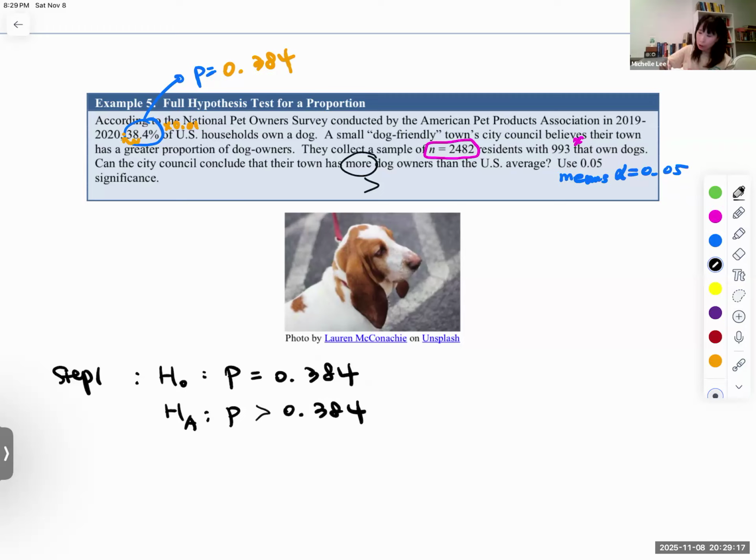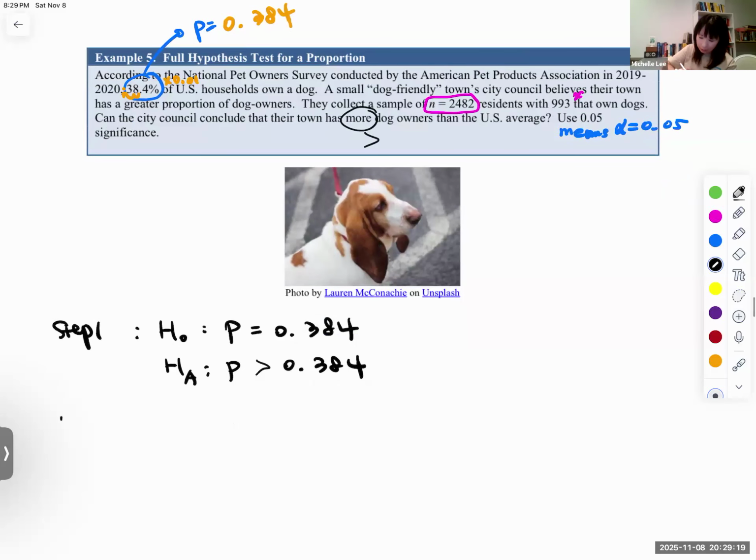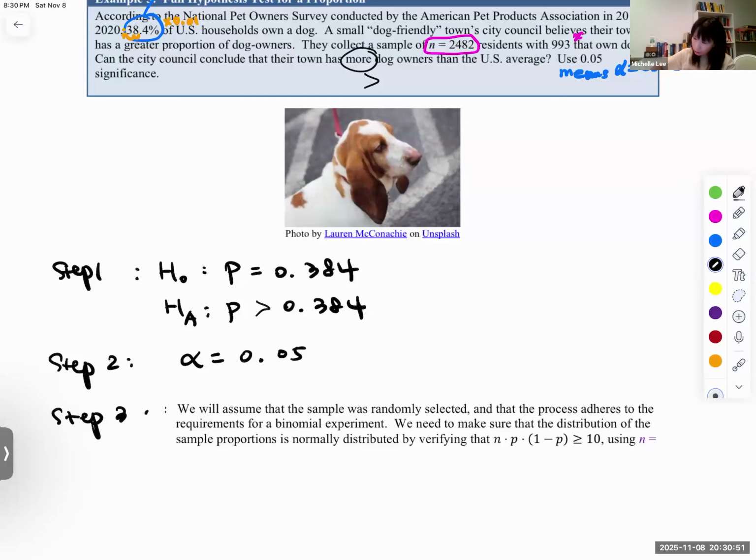Okay, step 2, alpha, level of significance. So alpha equal to 0.05. Step 3, what's about step 3? Okay, so let me copy all the binomial experiment math, right? And then we have to check the sample size in order to use normal, right? Okay, so let's do this.